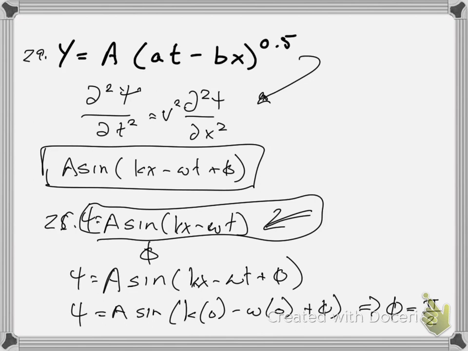And then in addition, this was a problem where you need to pay attention to what amplitude means in context. The last part of the problem asks what is the amplitude at a certain x and t. When it's asking what is the amplitude at a certain x and t, it's not asking what is the maximum value. It's asking what is the size of the wave function at a certain x and t.